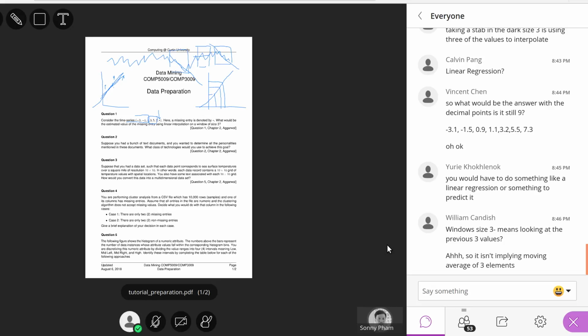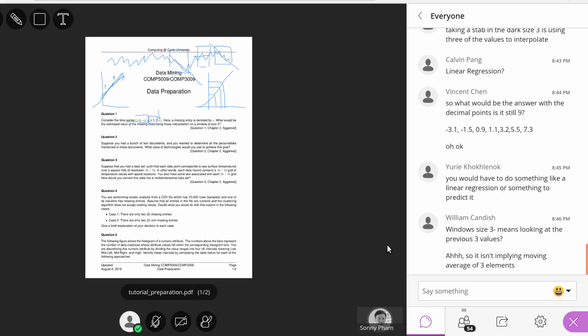So it isn't implying moving average of the three elements. Okay, I'm not quite clear what you mean by moving average of three elements. You might need to do something about the moving average to get the best fitting.